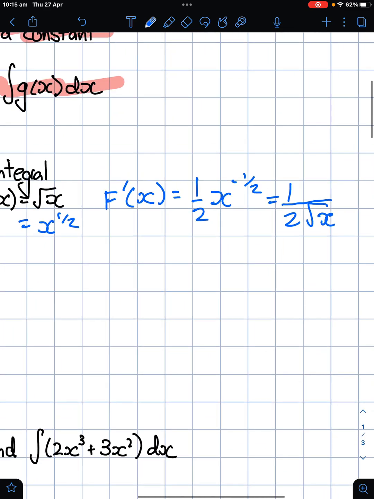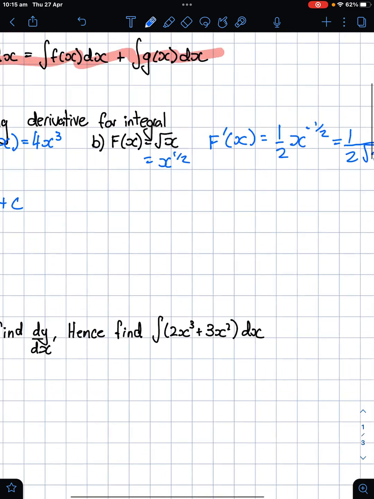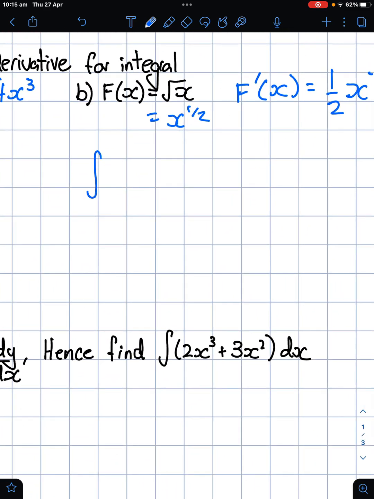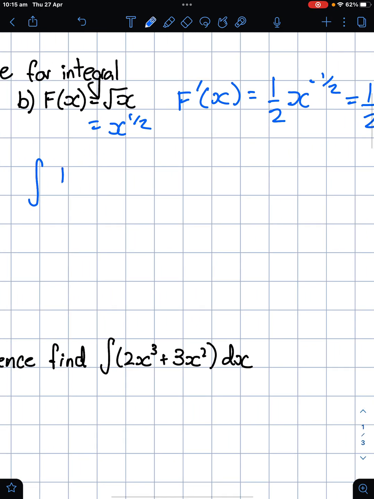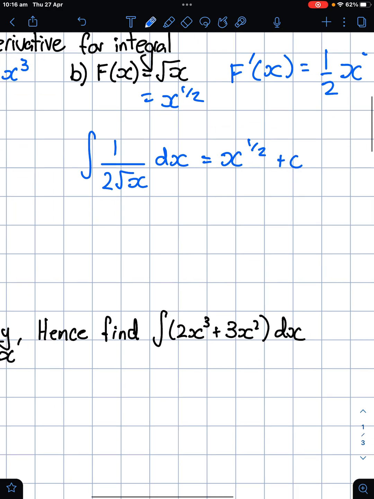Okay, a little bit messy, but that's fine. So if I flip this around, how good is this? The integral of 1 over 2 root x with respect to x would be x to the half plus c.